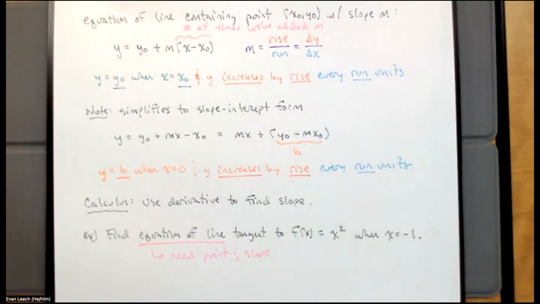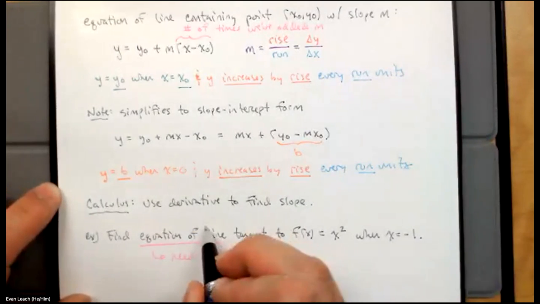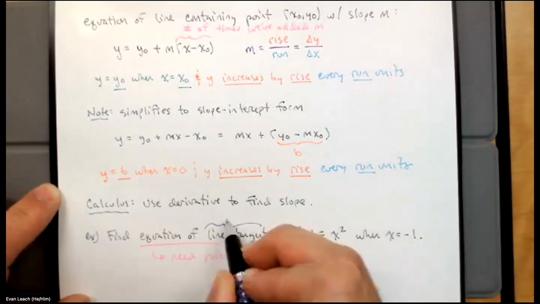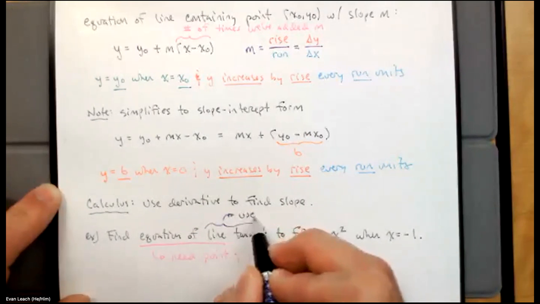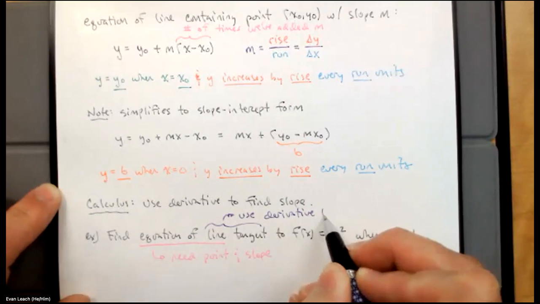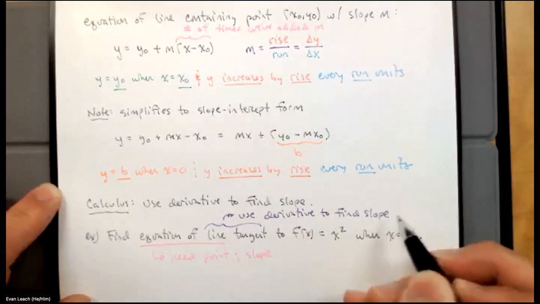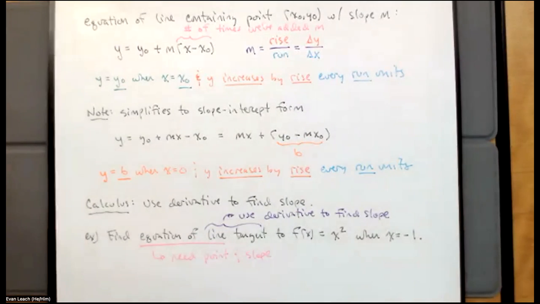Because we're looking for a tangent line, we're going to use the derivative to find the slope. That's calculus entering into the problem.